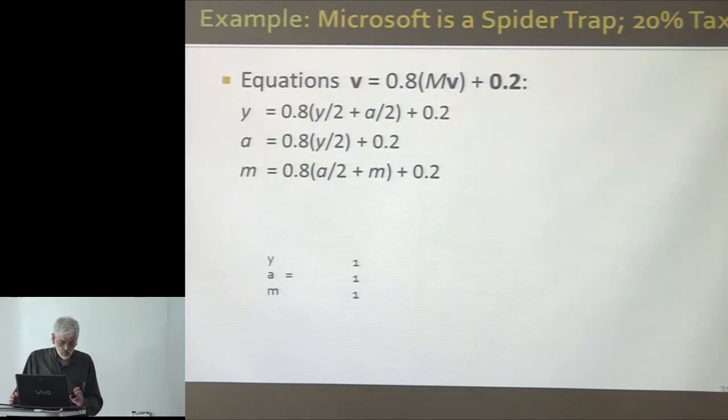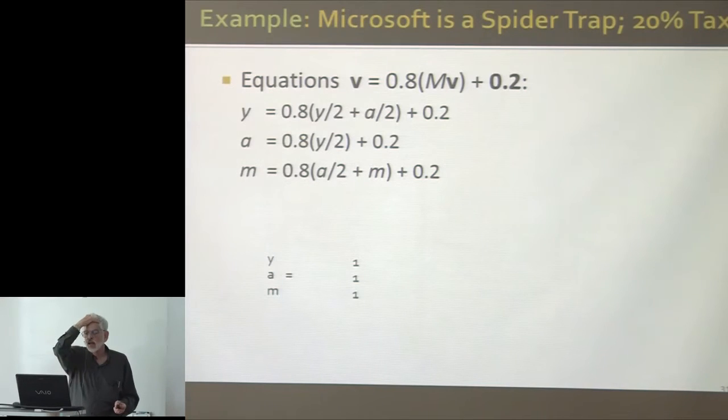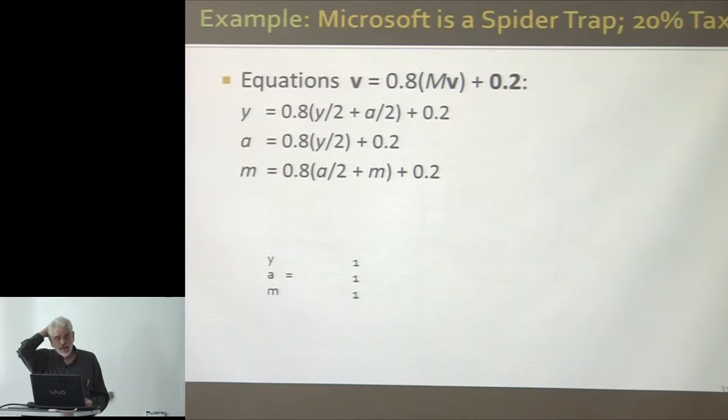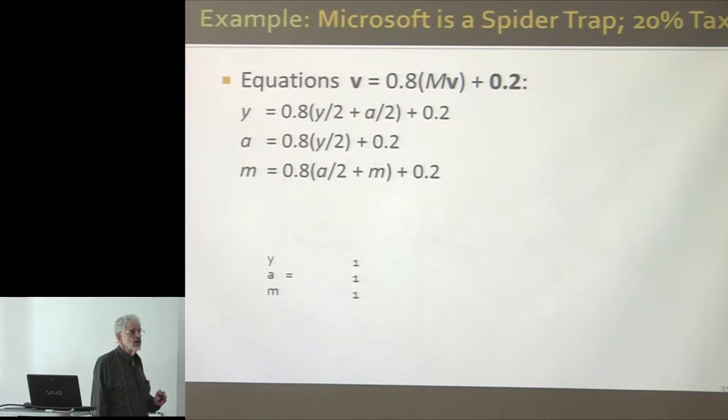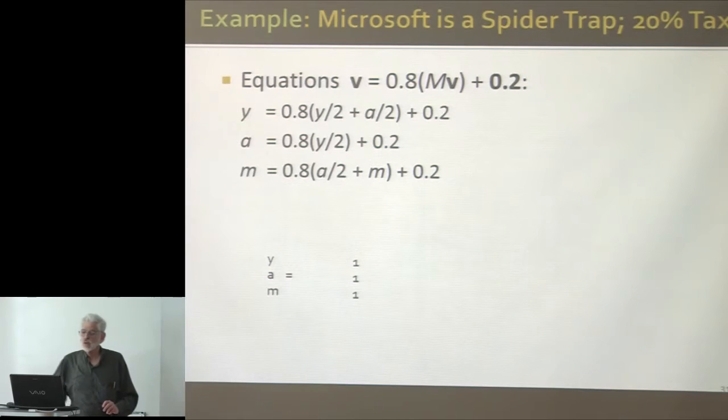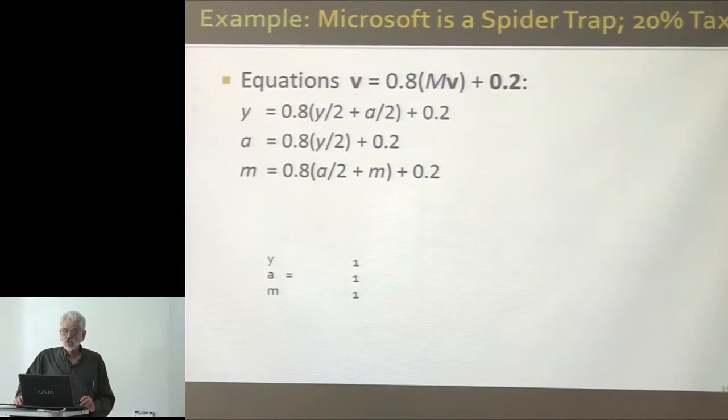So here's the equation where, again, Microsoft is a spider trap, but we're going to tax everybody 20%, and we will put 0.2 into each of the 3 pages as well. So the equations now, remember, Yahoo used to be a half of its old value and a half of Amazon's value.